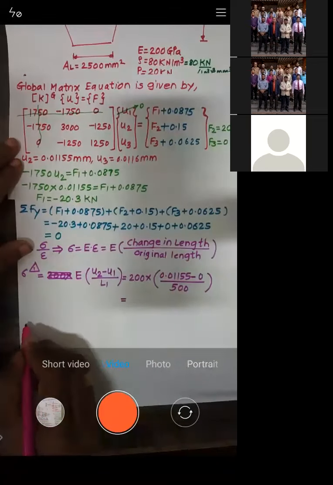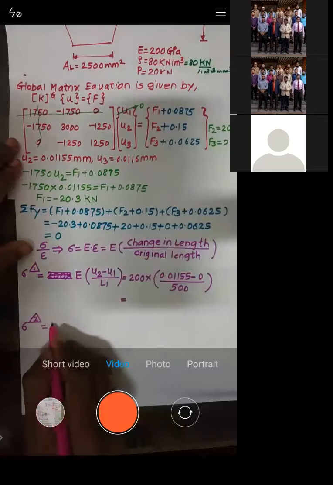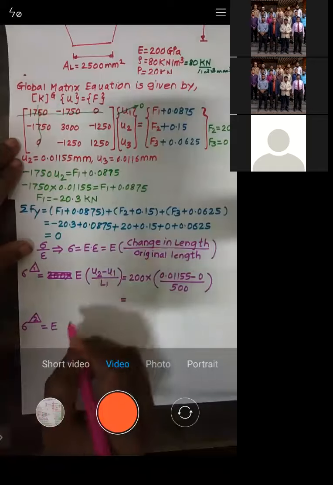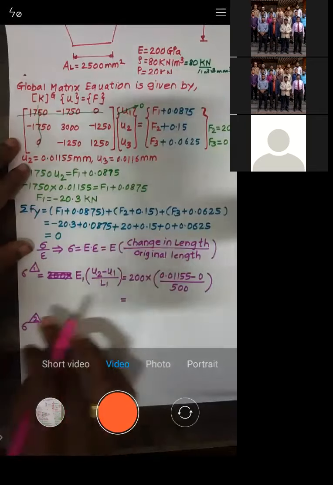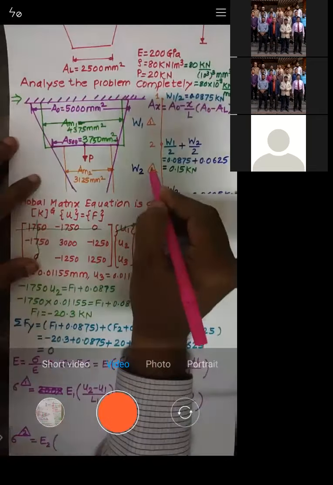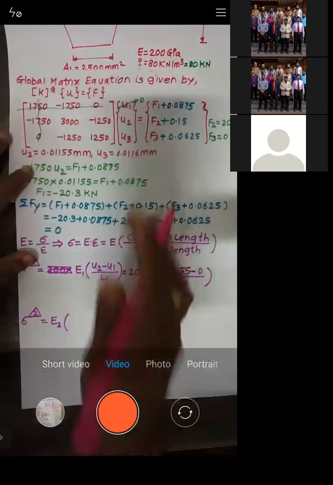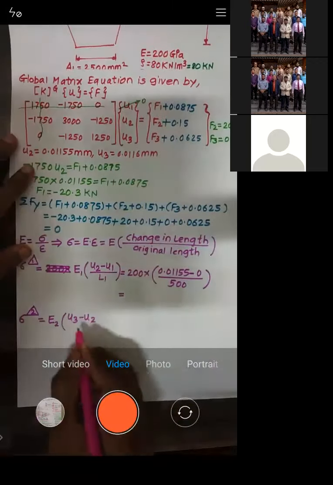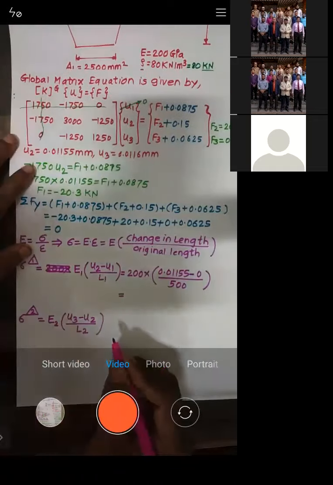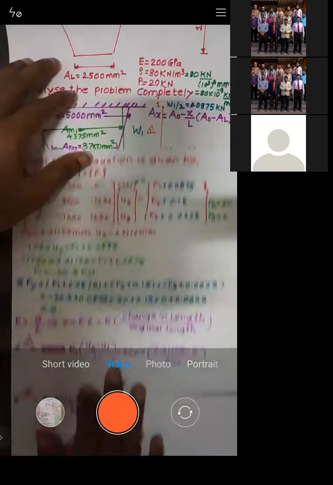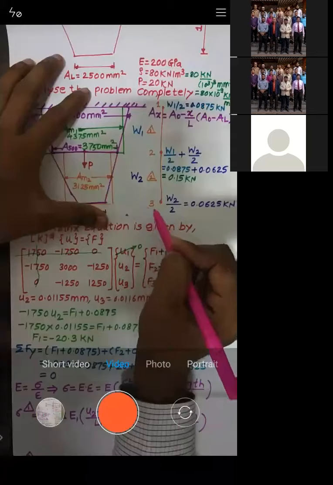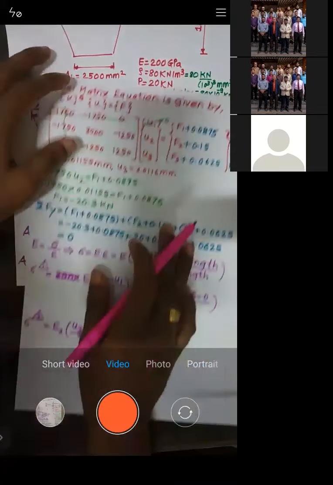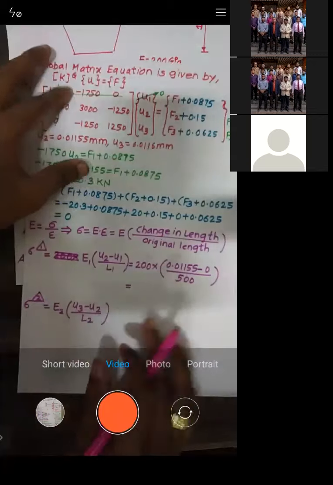Now similarly we can calculate the stress induced in element number 2. It is again E. E of element number 2 is the same; if you want, I will write this as E1 and this as E2, but it is the same for our problem. Element number 2 is between node 2 and node 3, so we need to take the difference between U3 and U2 upon the length of element number 2, which is L2.